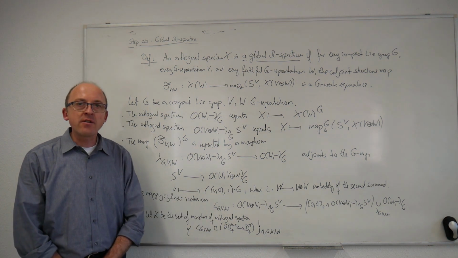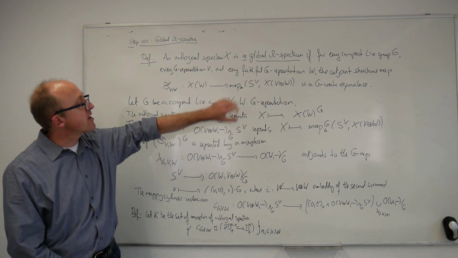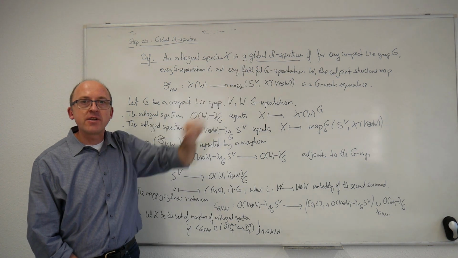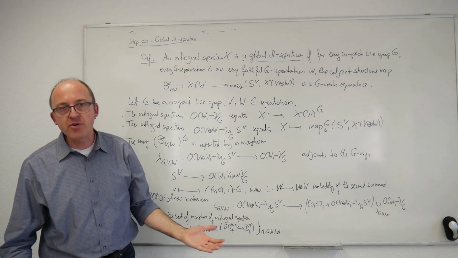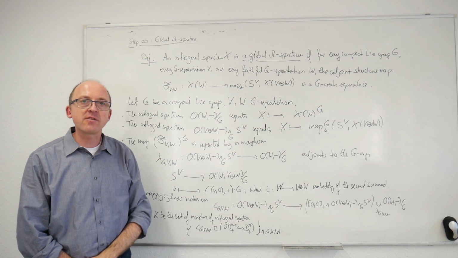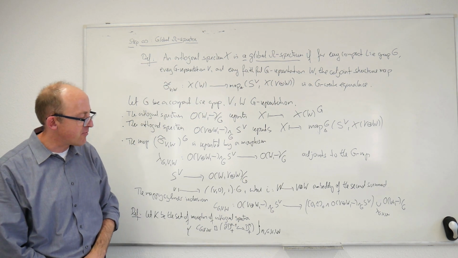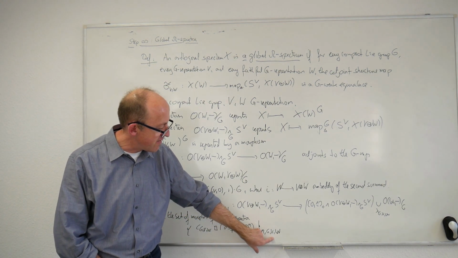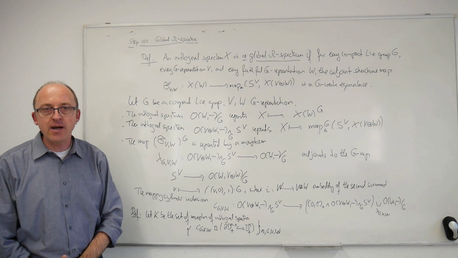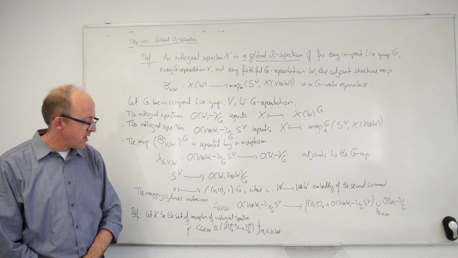And then I would like to let it run over all G, V, W, as in the definition here: compact Lie groups, arbitrary G representation V, faithful G representation W, but of course this would be too many, that would be a class, but we just take a set of representatives of the isomorphism classes of such triples. So representatives of the isomorphism classes of triples G, V, W, where G is a compact Lie group, V is an arbitrary G representation, and W is a faithful G representation.